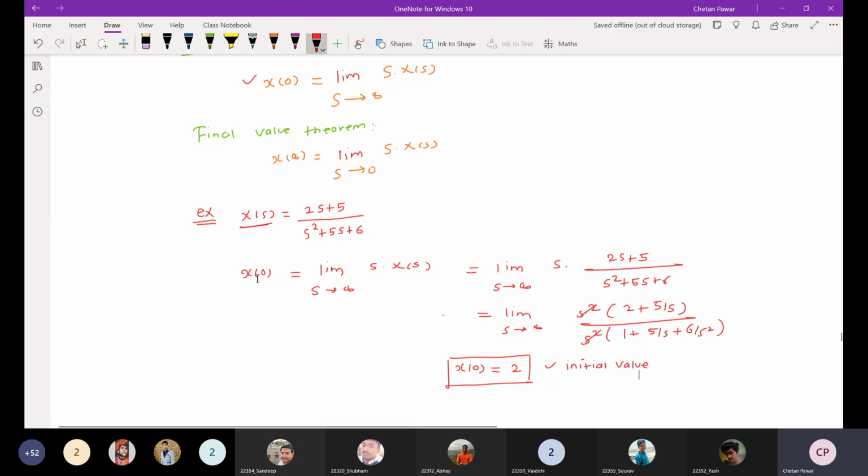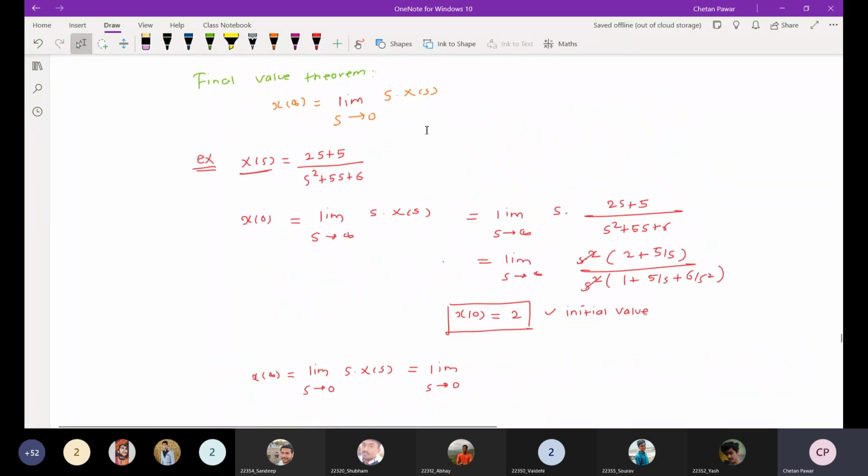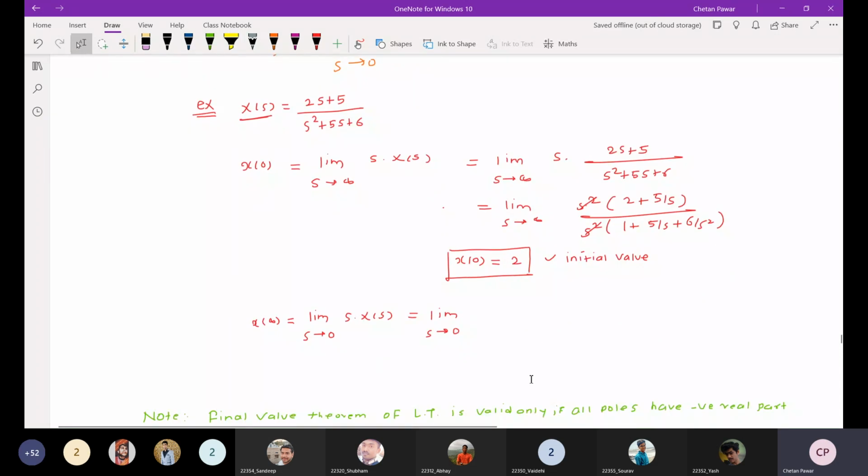And if you talk about the final value, limit s tends to 0 of s into X(s). So what is X(s)?